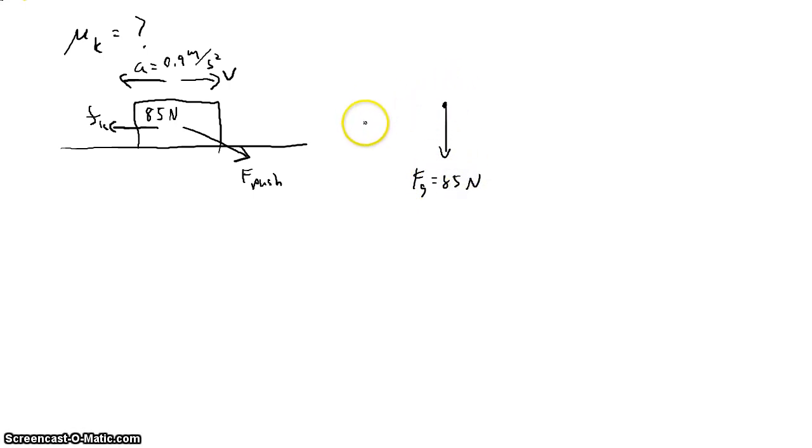We know that the box is resting on the floor as it slides along, so the floor must provide some amount of normal force. We know that the pushing force is forward and downward, F push, and we know that friction is opposing the motion. So it must be pointing to the left in this particular case.